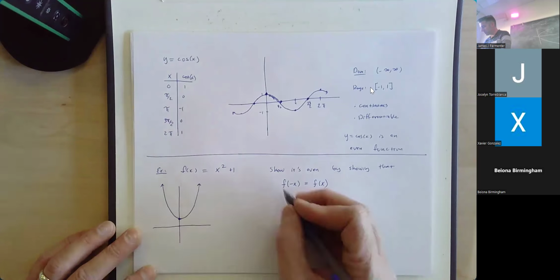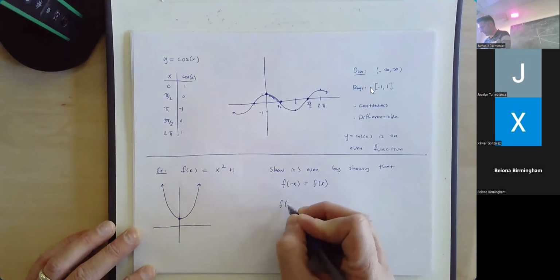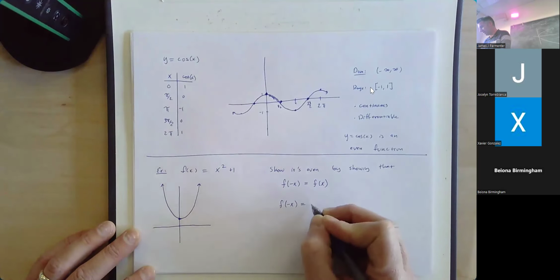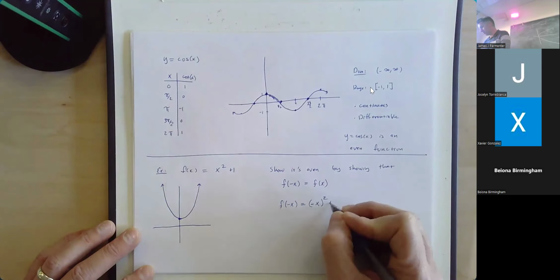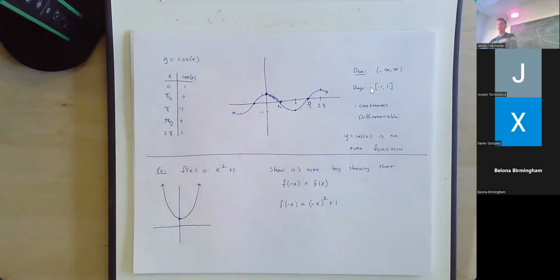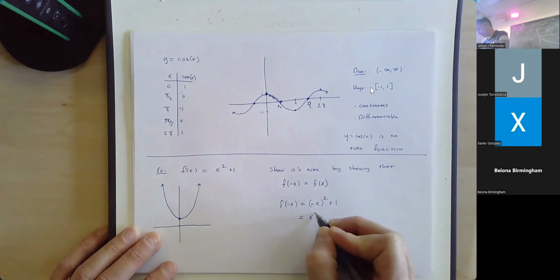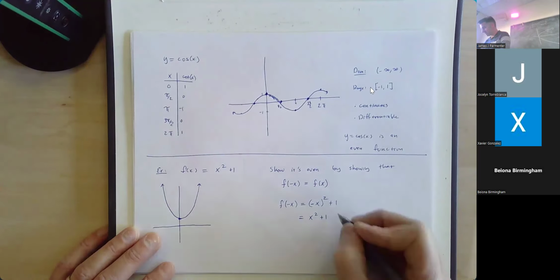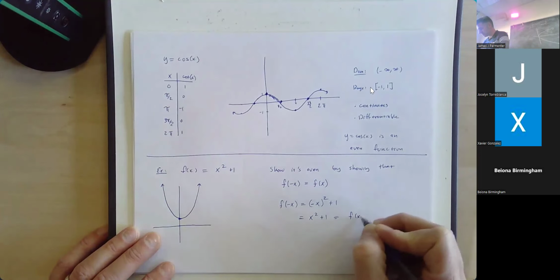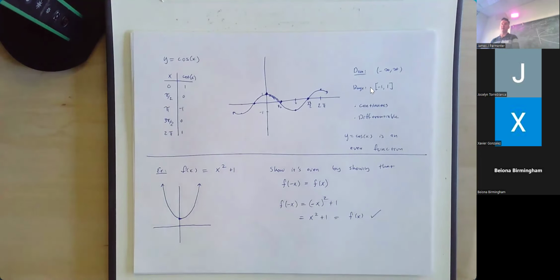If I take my original function and put a negative x in for every x, f of negative x is negative x quantity squared plus 1. But negative x times negative x is positive x squared. So this ends up equaling positive x squared plus 1. And that is f of x. And that shows that this is an even function.